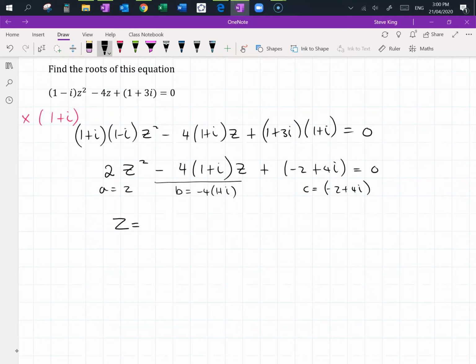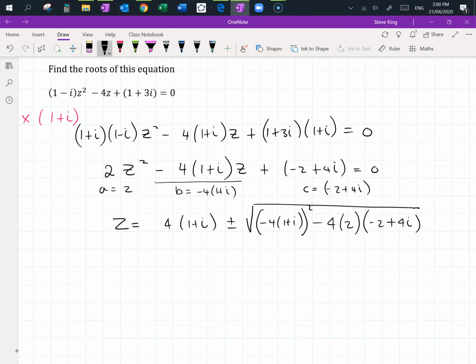So minus b gives me 4 times 1 plus i, plus or minus the square root of b squared, which is simply minus 4 times 1 plus i, squared, minus 4 times a, which is 2, and c, which is minus 2 plus 4i. And all of that is going to be divided by 2 times a, which is 2 times 2.